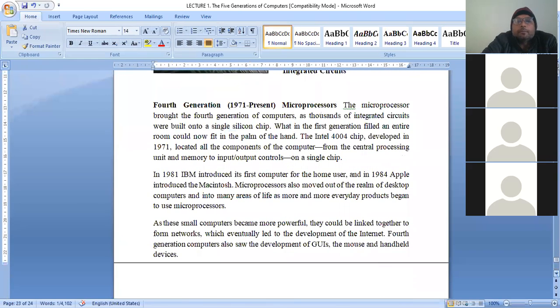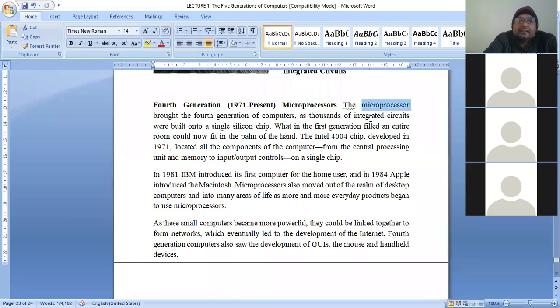Now, the fourth generation of computer. What is the change in the fourth generation? In the third generation, integrated circuits were used on silicon chips. But instead of that, they collected thousands of integrated circuits on the same board. That is known as the microprocessor, where thousands of silicon chips are kept in a single place.